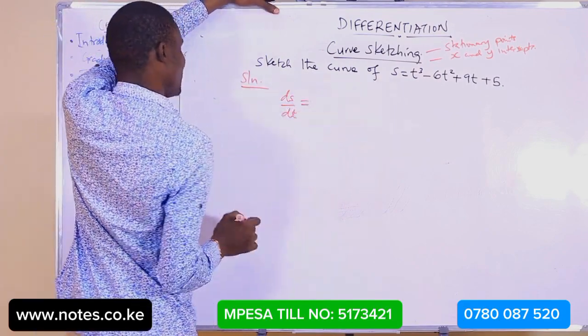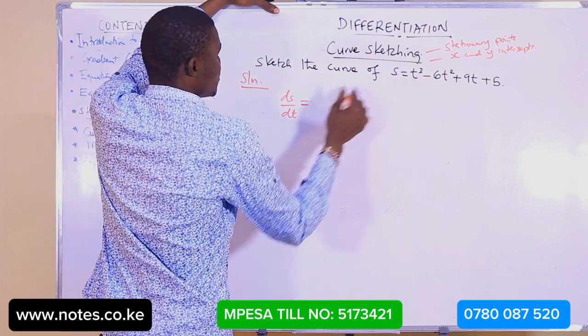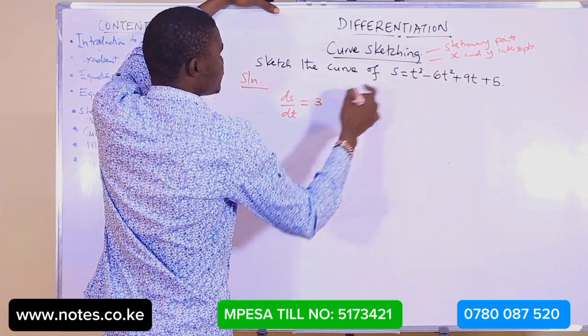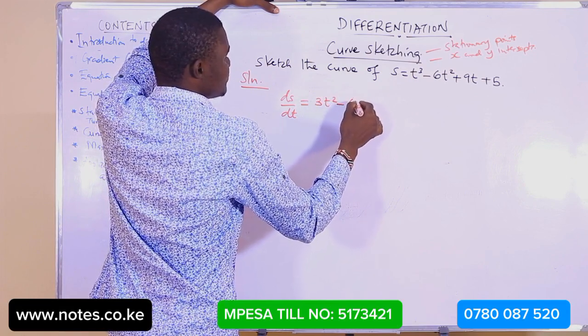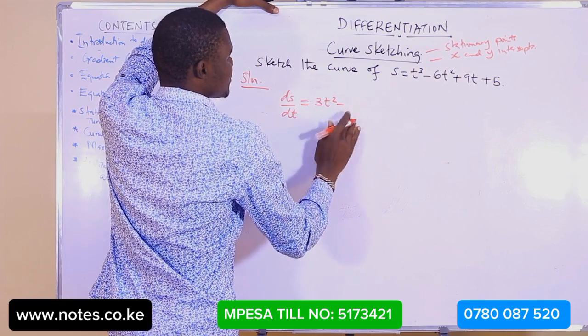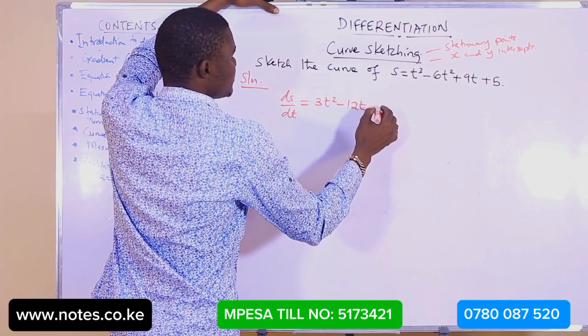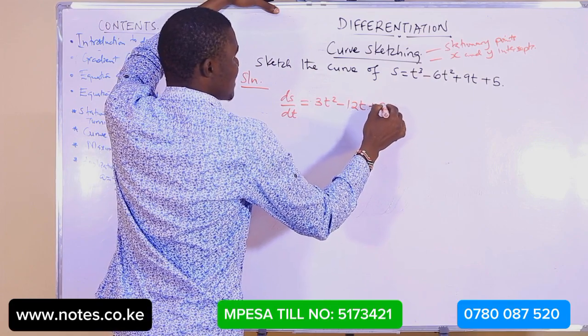So there is no problem provided you understand what you are doing. 3t squared minus 12t plus 9.